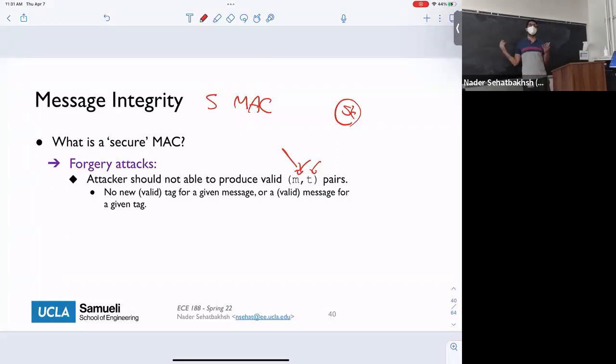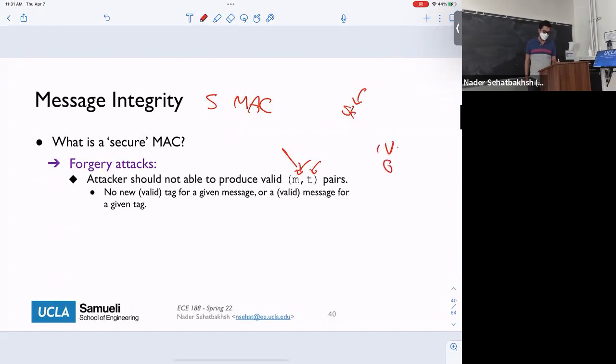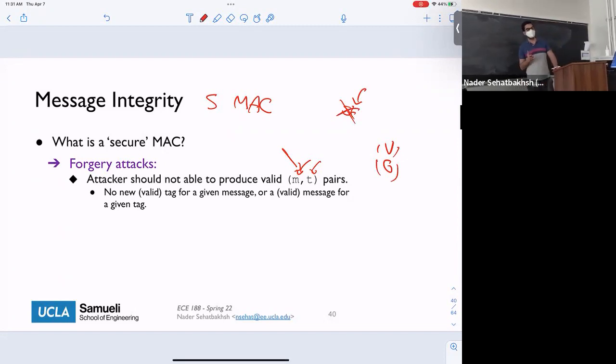If the secret key is known to other people, then the message integrity is no longer secure. But what we are saying here is that even though we have access to the verifier and generator algorithms, if we don't have access to the secret key, we should not be able to create any valid message and tags. All right.